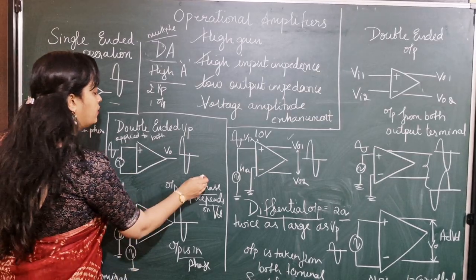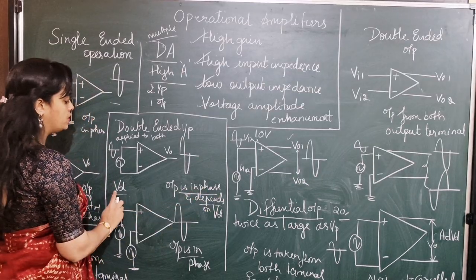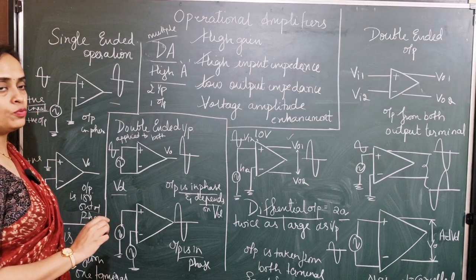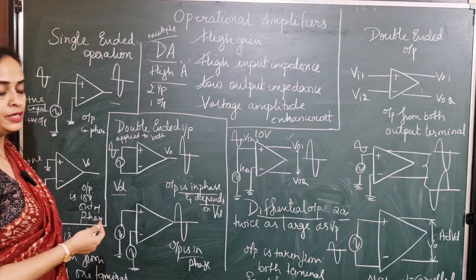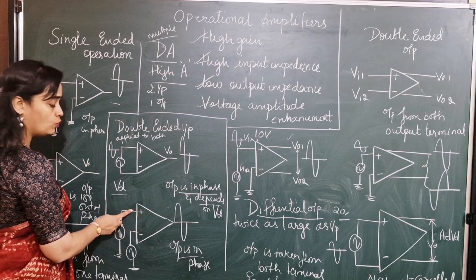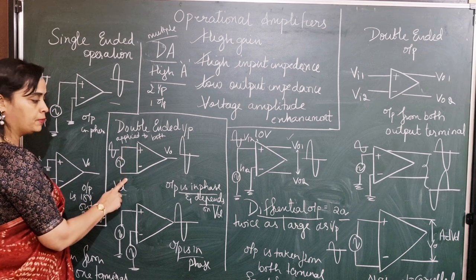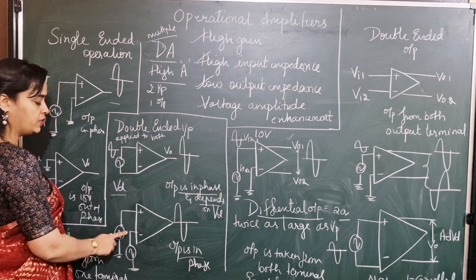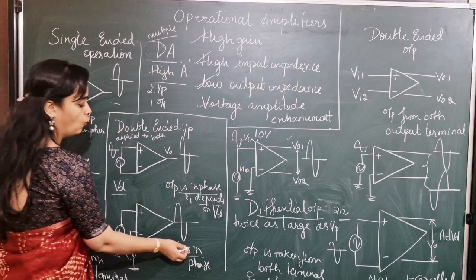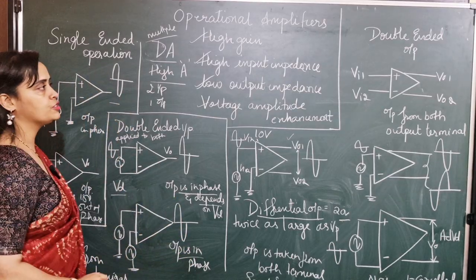And whatever output is obtained is in phase, but it depends on the difference of the inputs. So the polarity remains the same, but the output voltage depends upon the differential input that has been applied. If the input is applied to two different terminals, the output is in phase and amplified, same as this condition.